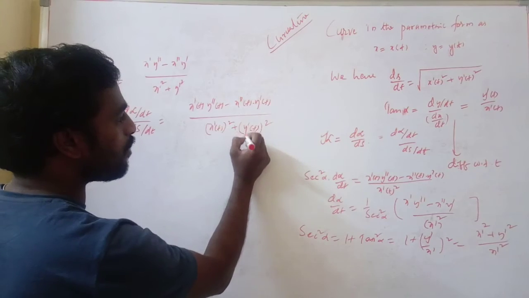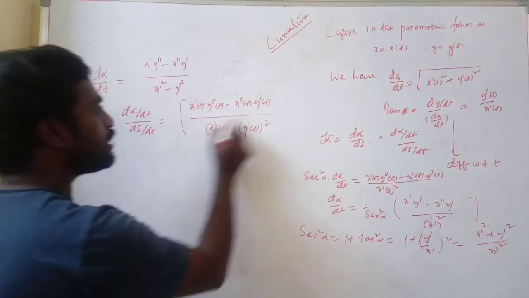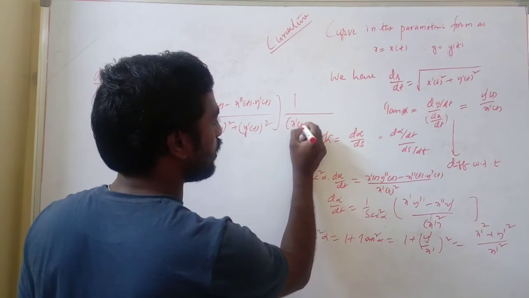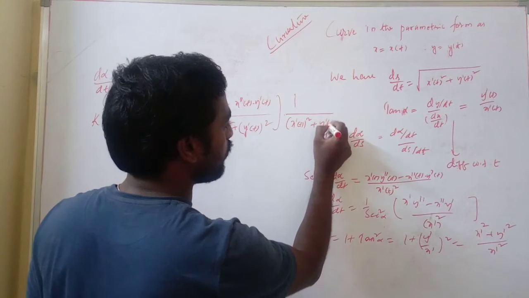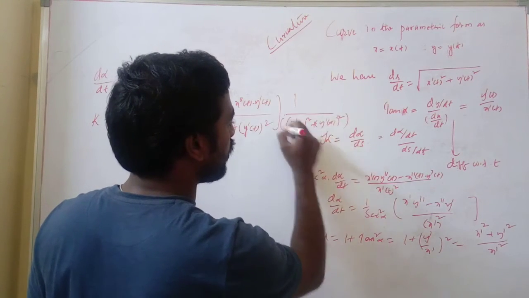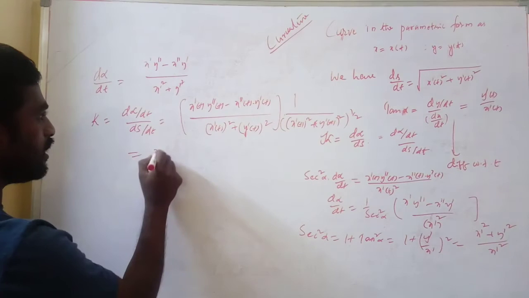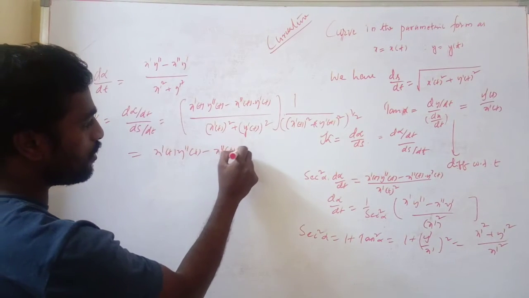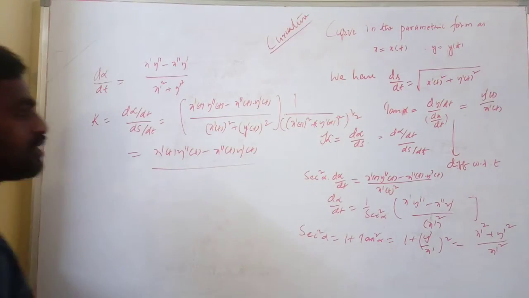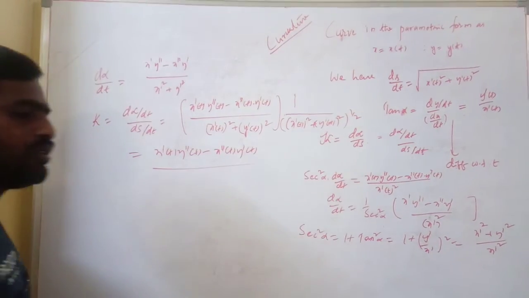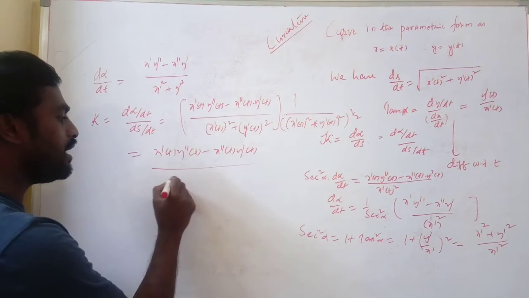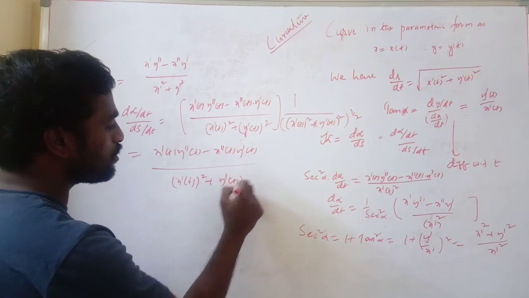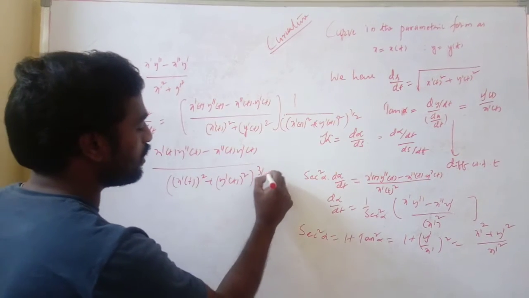And ds by dt is the square root, that is x derivative power 2 plus y derivative power 2 whole power 1 by 2. Now we can write x dash y second derivative minus x second derivative y derivative by the total term with power 1 and power 1 by 2. The bases are equal, so the powers should be added. The total value is x derivative square plus y derivative square whole to the power of 3 by 2.